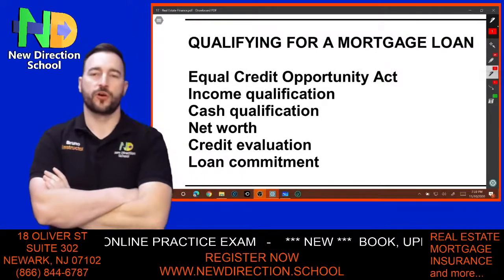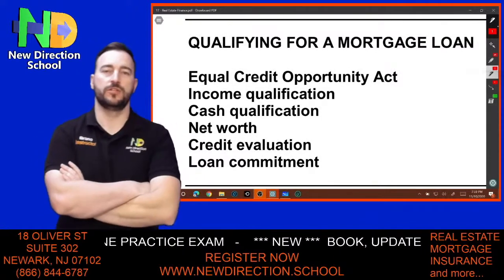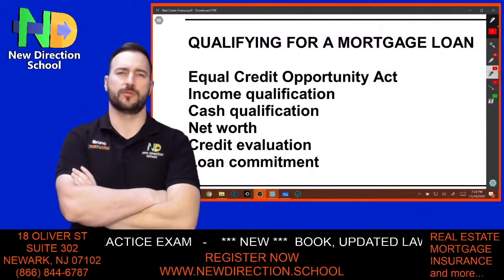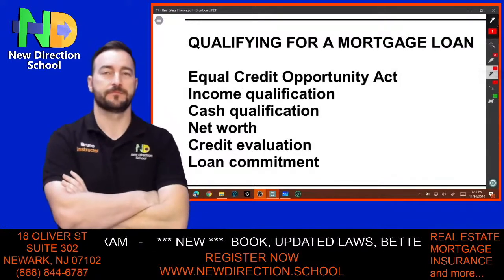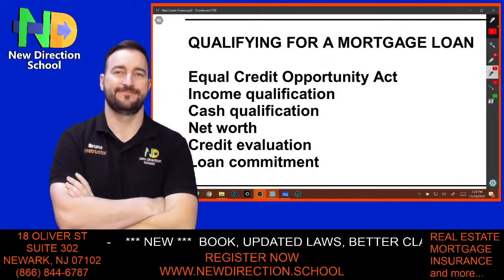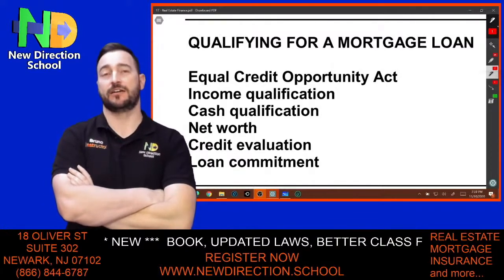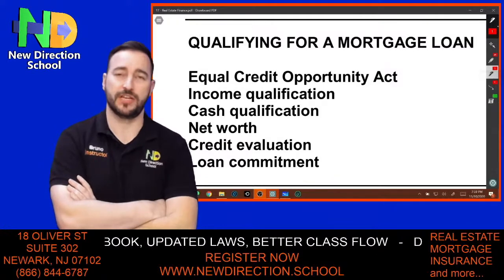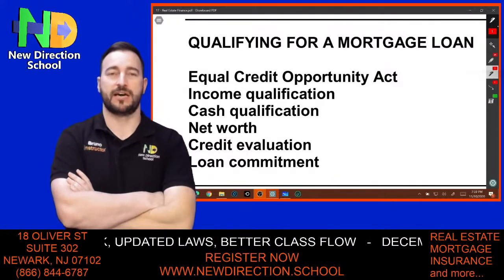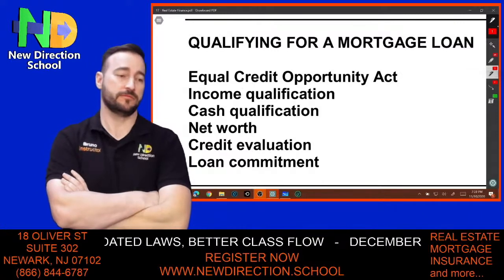How do you qualify for a mortgage loan? Well, first of all, you need to understand one of the things we'll talk about, discrimination. One of the things is the Equal Credit Opportunity Act that says everybody is equal, as long as you got the income, right? And as long as you got the credit score, nothing else should matter. Doesn't matter if you're male, female, other, right?